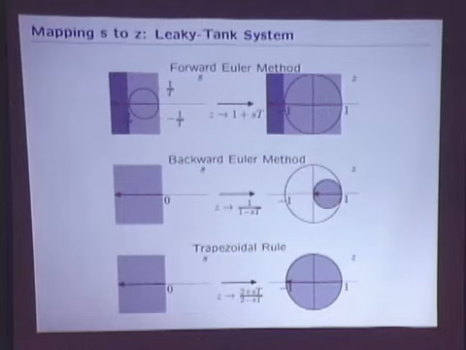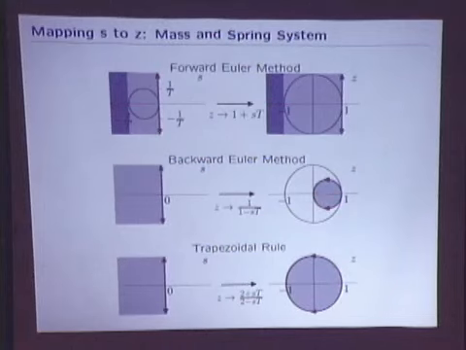So if the pole starts out being real, so that it's someplace in the S-plane on this red arrow, Euler forward gave us a pole in the Z-plane that could be, if t is big enough, outside the unit circle. In the Euler backwards method, it always lands someplace in the unit circle. In the trapezoidal rule, it lands someplace in the unit circle.